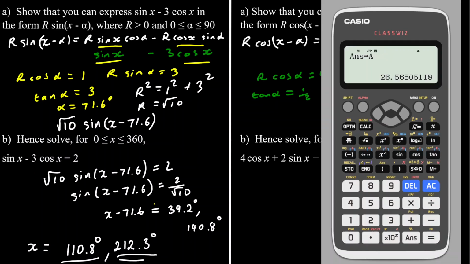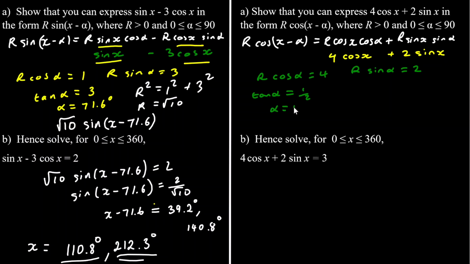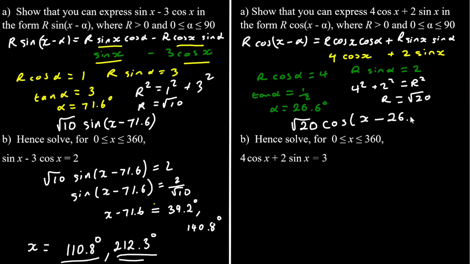Store as A. So alpha is 26.6 degrees. To find r, we use Pythagoras. 4 squared plus 2 squared equals r squared. 16 and 4 is 20. R is square root 20. We can simplify that, I'll just leave it as square root 20. So it's square root 20 cos x minus 26.6.